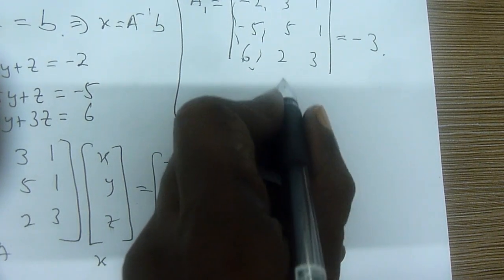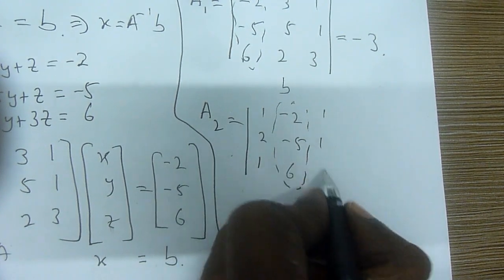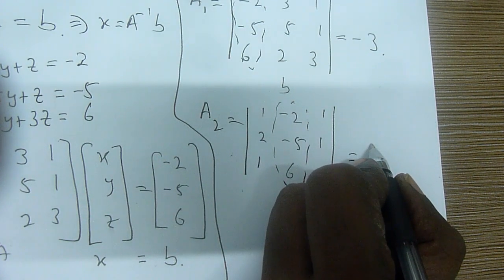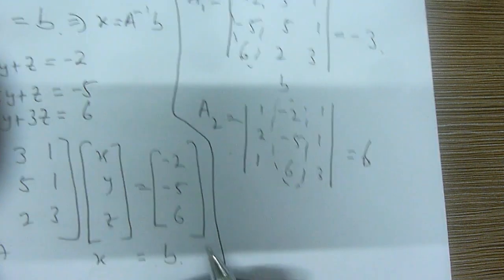This is B anyway. 1, 3. Then you solve, you get 6 as your solution. Is 6 the solution? No, something is wrong. I haven't divided that yet.